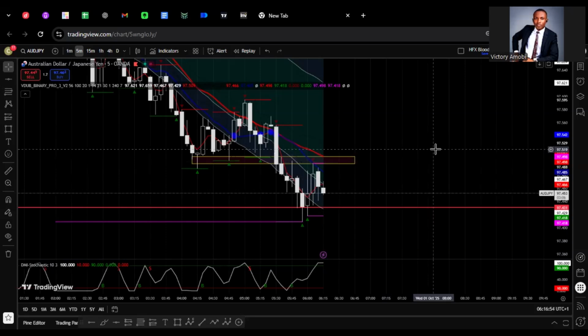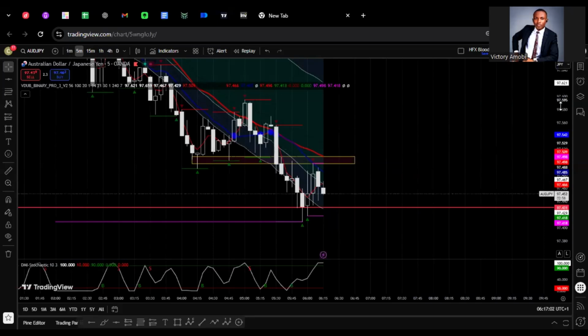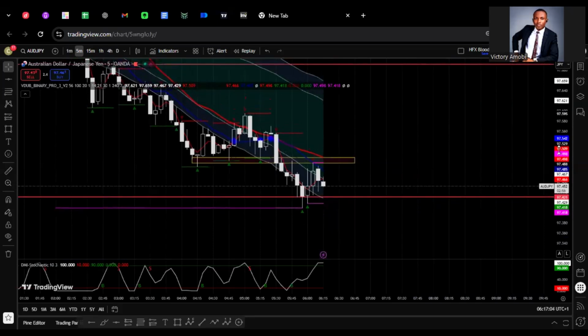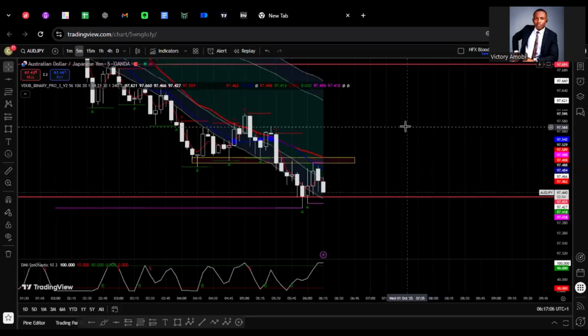That's a counter trend trade, right? Over time, your intuition will guide you even more. You can see a particular setup. You just know that this is going to sell or this is going to buy.